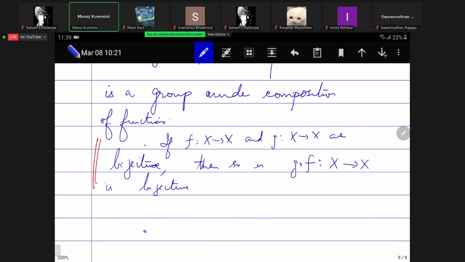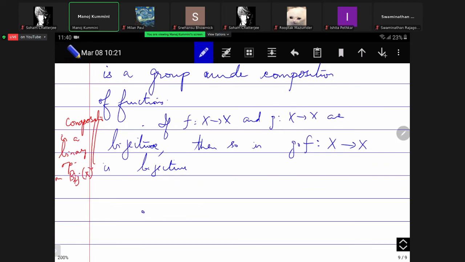This says that composition is a binary operation on the set of bijective functions on X. That's what the first sentence establishes. The second thing requires a little bit of checking.